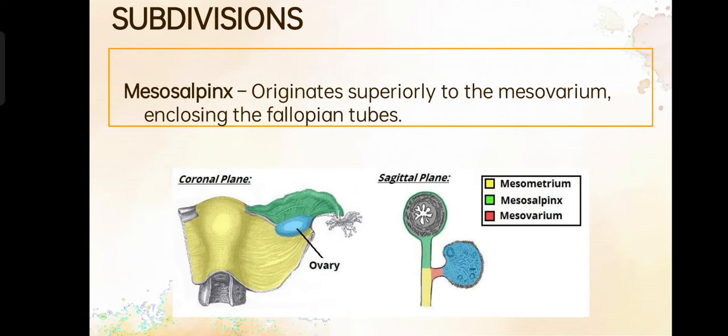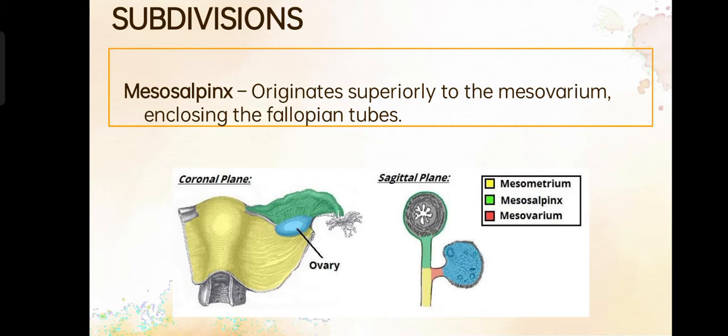So the mesosalpinx originates superiorly to the mesovarium, enclosing the fallopian tubes. Ang mesosalpinx is kaning the yellow one, kaning pinakalapad. Ang mesosalpinx is a fold of peritoneum nga maoy nagputos sa both uterine tubes.